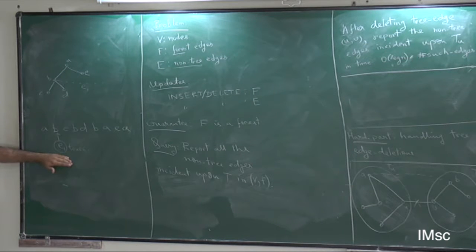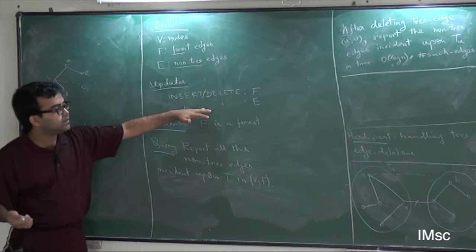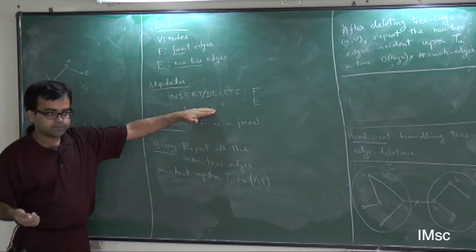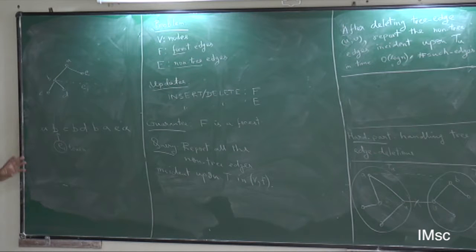You just delete this token. So, now the thing that you are maintaining is just a bunch of sorted lists, where each entry can potentially have one or more tokens. So, now inserting and deleting a token corresponds to inserting and deleting a non-tree edge, but that is easy, right.